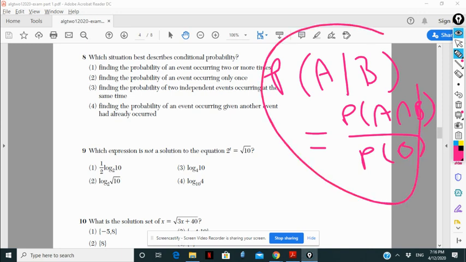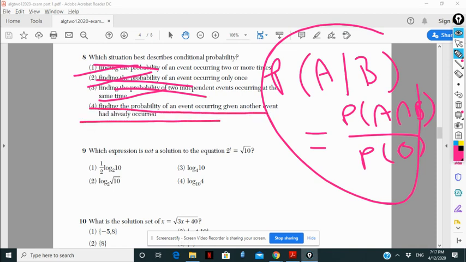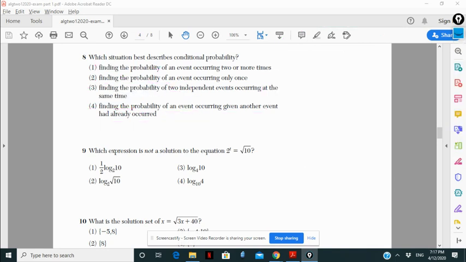So the probability of an event occurring 2 or more times, that's incorrect. Finding the probability of an event occurring only, that's incorrect, because it should be happening the second one. Finding the probability of 2 independent, no. So finding the probability of an event given that one, that's the correct answer, number 4.